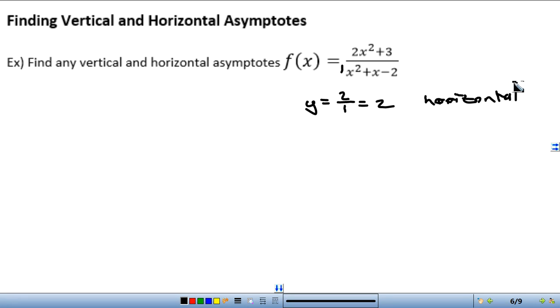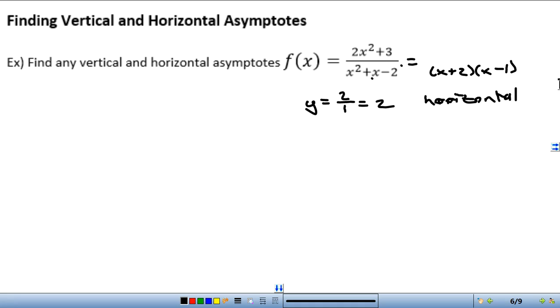To find my vertical asymptotes, I need to factor the top and factor the bottom. This top, 2x squared plus 3, is not really factorable, so I don't have to worry about that. Let's just factor the bottom. x squared plus x minus 2 becomes x plus 2 times x minus 1.